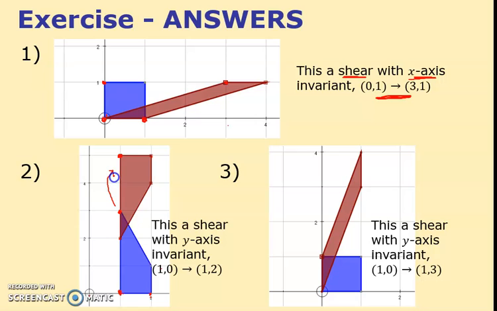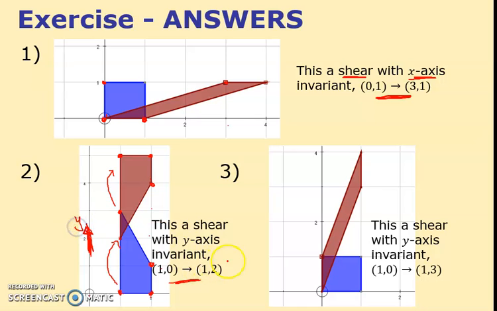This point here is 2 away from the y-axis, so this point went 1, 2, 3, 4 up. Notice it went twice as far. And this point, also 2 away, went 4. It's gone up to there. So it looks like a reflection, but it's not. It's a shear with y-axis invariant. And it's all to do with how far you are away from this y-axis.